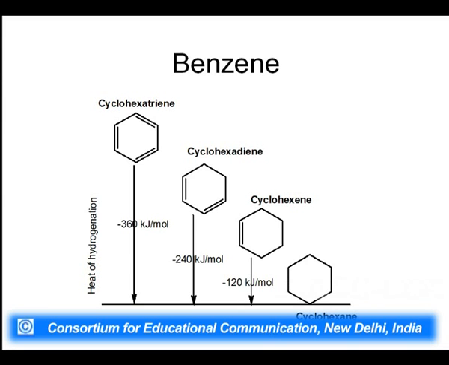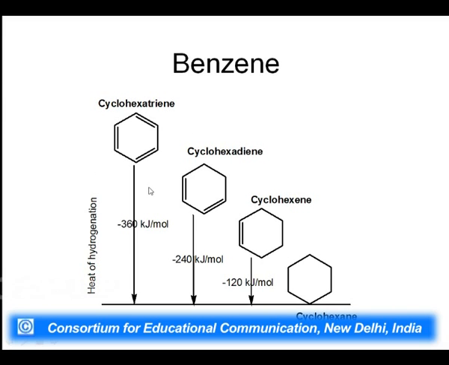So, what is happening in resonance? If I take as an assumption that benzene is not having any resonance, and I call it cyclohexatriene, then I can say that cyclohexane, cyclohexene, cyclohexadiene and cyclohexatriene are the 4 molecules.